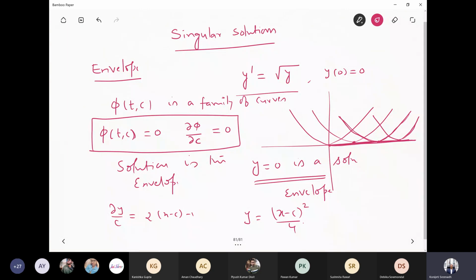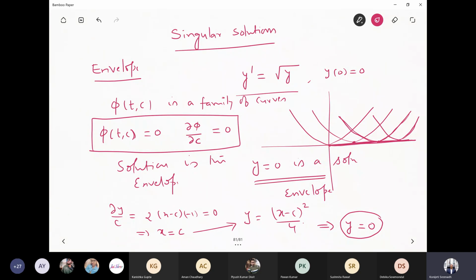If I make this 0, this implies that x equals c. If I put this x equals c in the equation, this implies y equals 0. So this is the envelope.